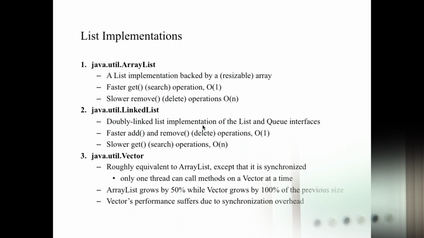Other than the implementation, these different classes also differ in performance. For example, the get operation is quite fast if you use the ArrayList. However, it's a bit slower for the delete operation. Why? Because you can get an element from any position in the ArrayList by passing the index value.